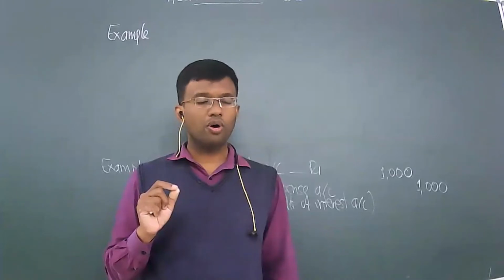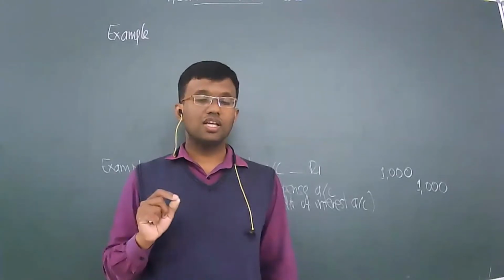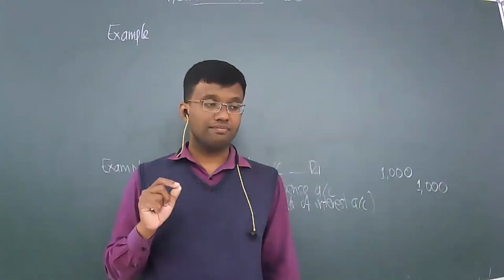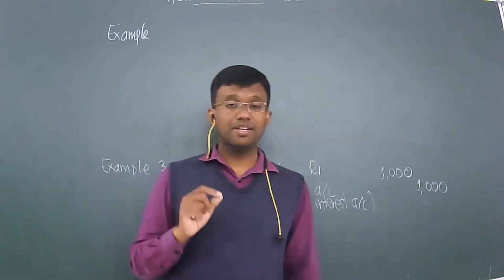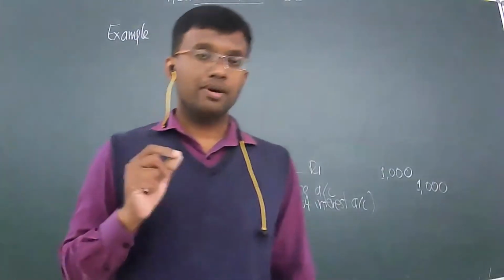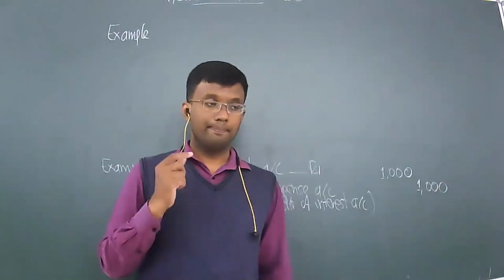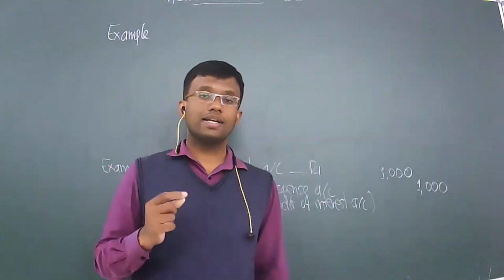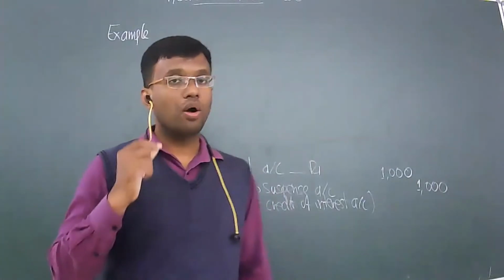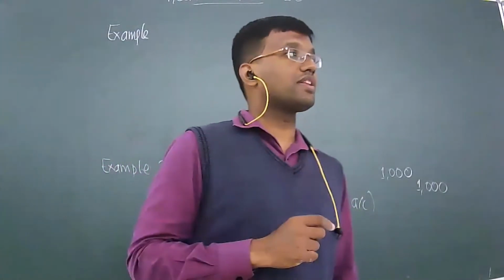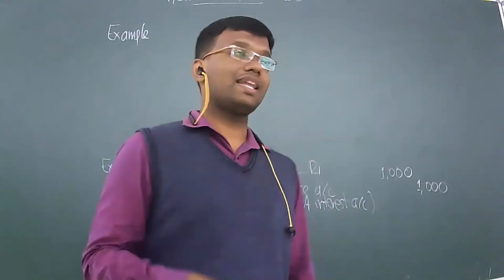So how do we go about with this? Purchase of machinery should have been debited to machinery account, but now machinery account is under debited. Machinery account is under debited. So under debit, how do we rectify? Under debit we rectify by debiting.